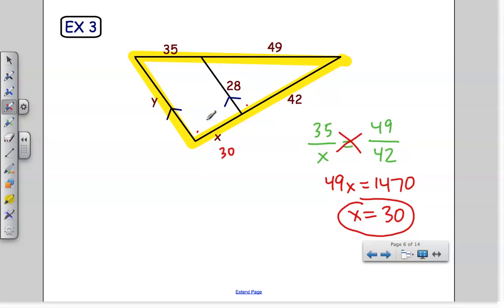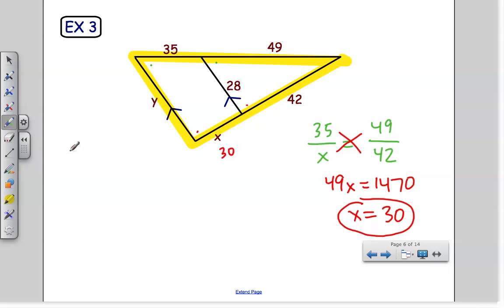They're both above the parallel lines and above the transversal. I also know that these angles here are corresponding angles and congruent. Again, they're that same orientation off of the parallel lines on the transversal. And also, this angle is in both triangles, the small and the large.